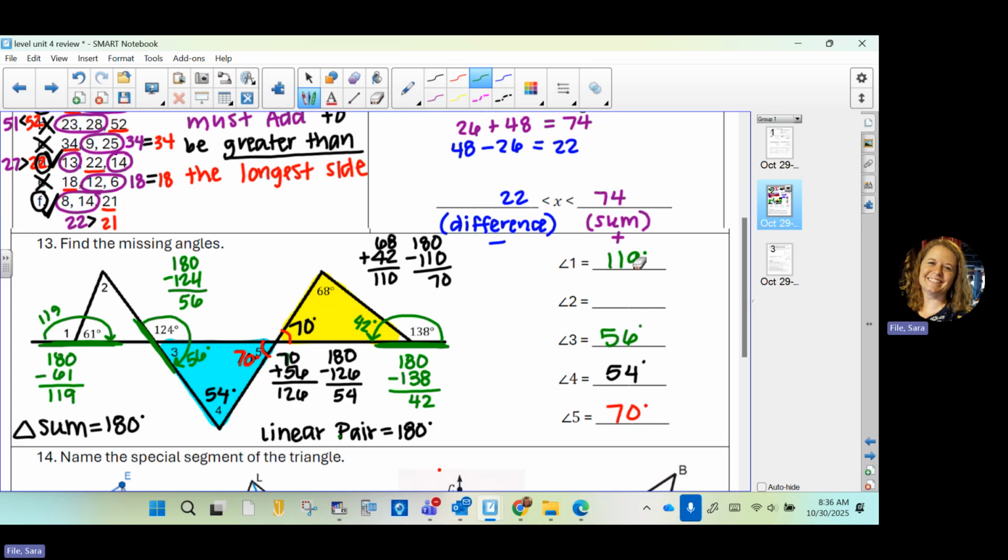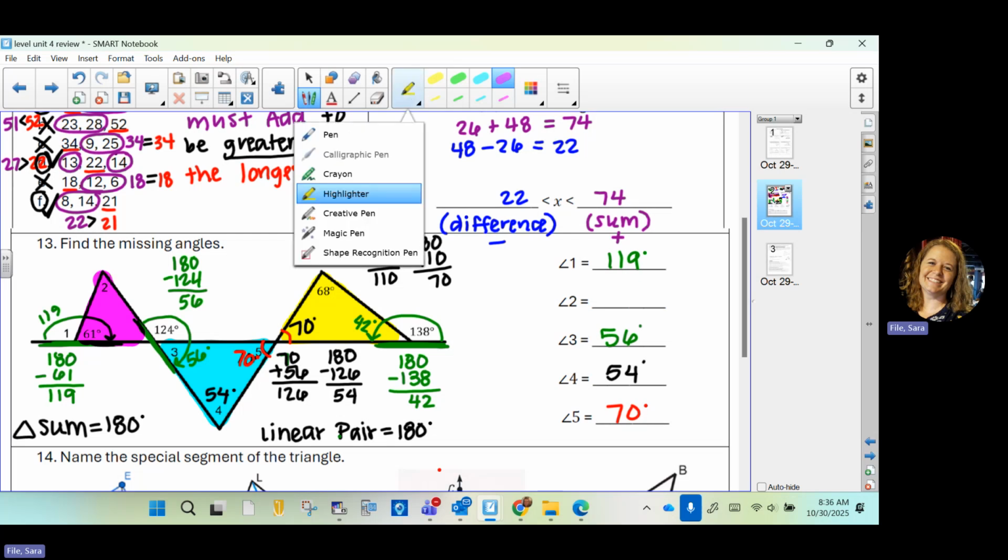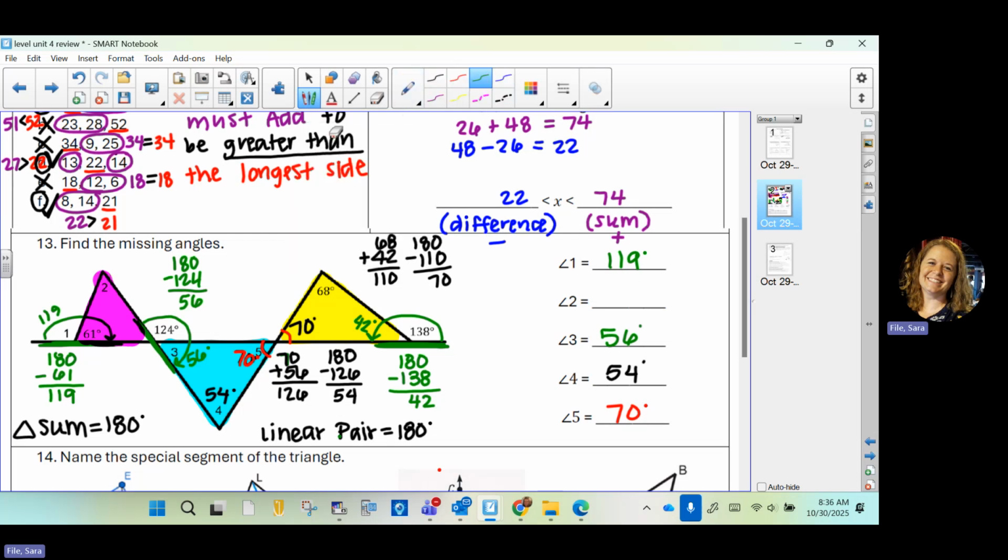All right, last but not least is angle 2. If I'm looking in this other triangle, let me color this one in pink. Right now I only know the 61 degree angle. Couldn't I know because of vertical angles here that this is 56?